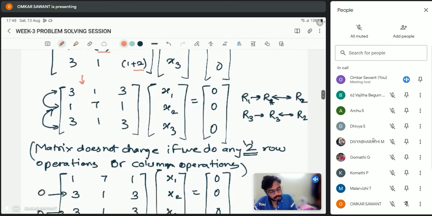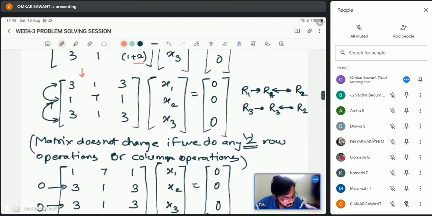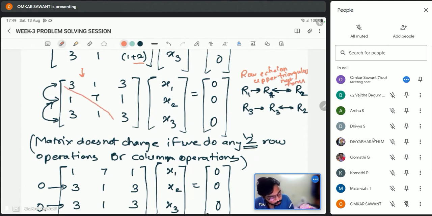Okay, after that, we will try to get the row echelon, or we say upper triangular matrix form. So we want the form of this. We need to make this 0, this 0, this 0.